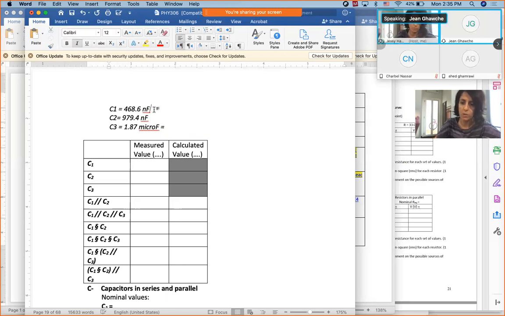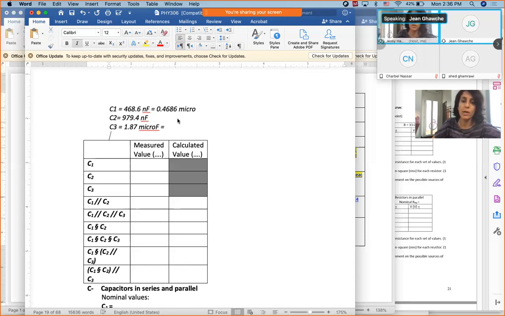So this would be, correct me if I'm wrong, 0.468 microfarad, which means I have 4 decimals for this one, 4 decimals for this one, and 2 decimals for this one. So my final answer should be 2 decimals if I'm adding. Right? Okay, I just wanted to make sure.